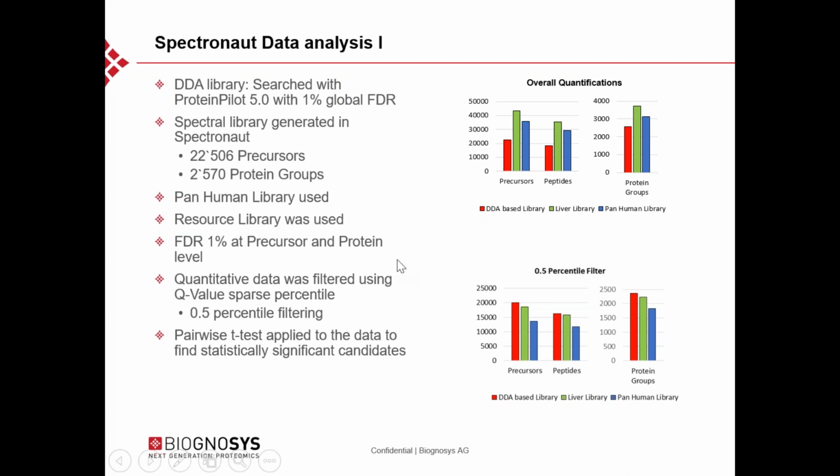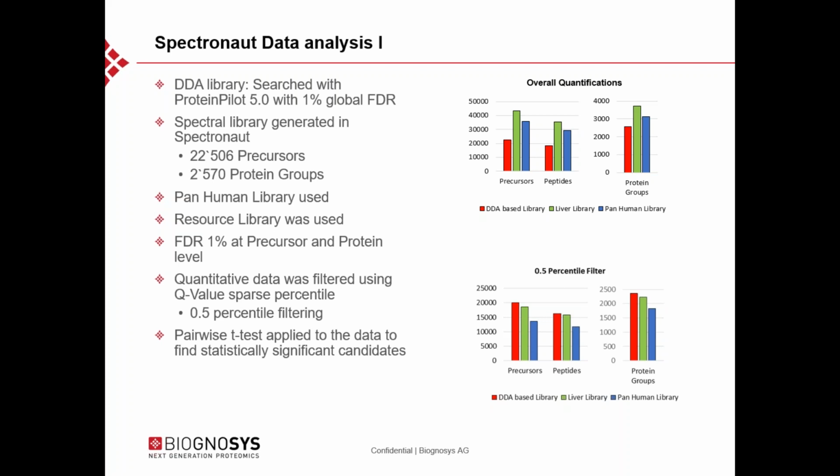Now, as you can see on the lower right picture, using this 0.5 percentile filter, the DDA-based project-specific library performs best, meaning that with these project-specific libraries, you are identifying more reproducibly the same peptides over and over again compared to the large resource libraries.